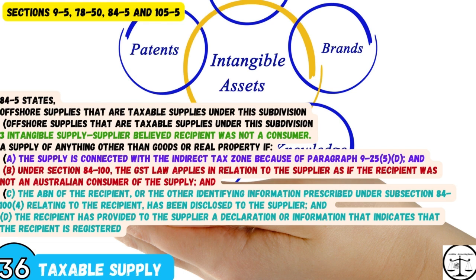3. Intangible supply. Supplier believed recipient was not a consumer.